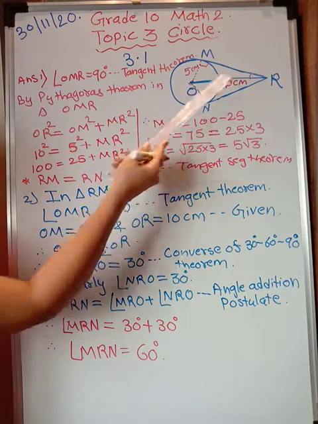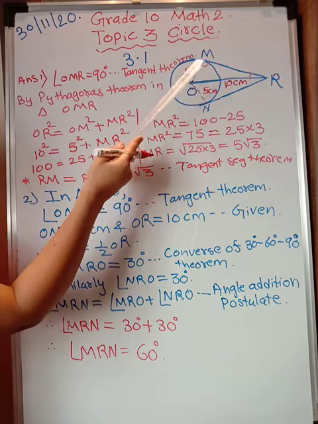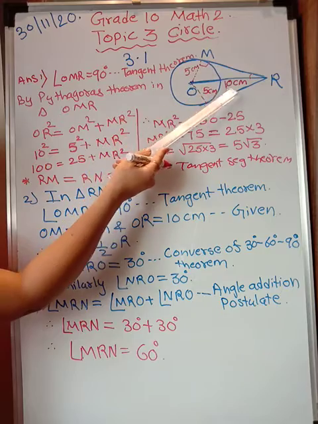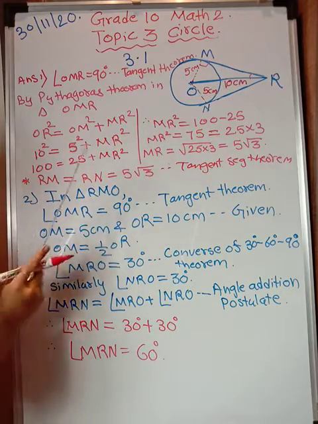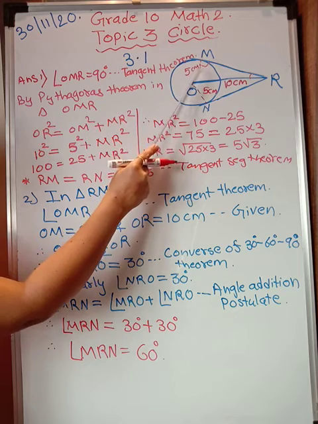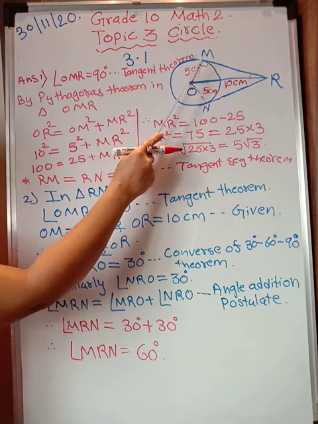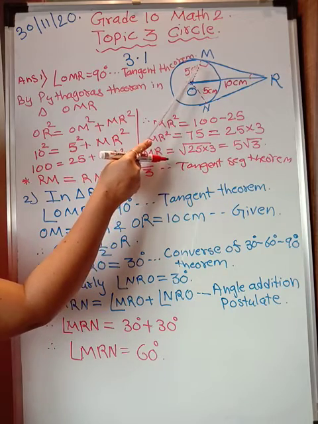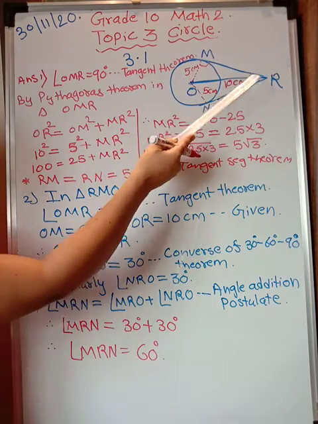In a right angle triangle, we know that the side opposite to 30 degrees is half of the hypotenuse. So if this is 10 and this is 5, the side opposite to angle MRO is half. So MRO becomes 30 degrees.